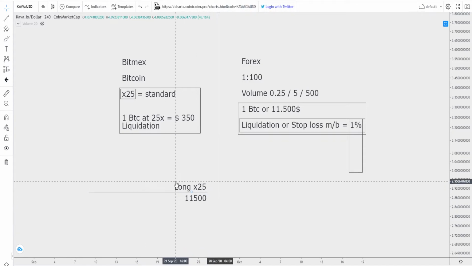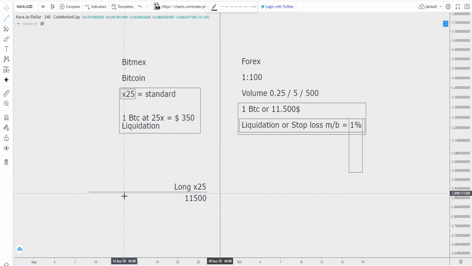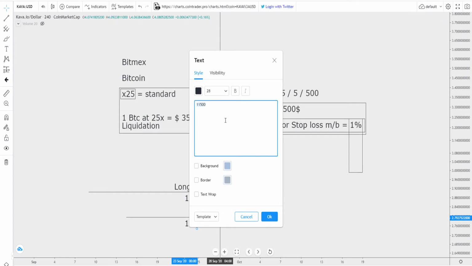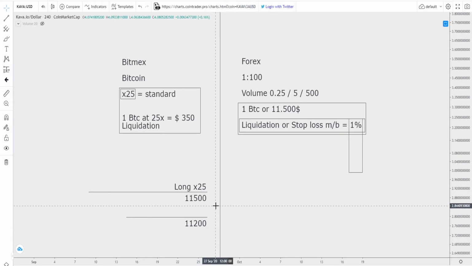By default, before you place your order, a pop-up will show on BitMEX telling you all the details about this trade. The pop-up will tell you that your liquidation range will be right here, which is going to be, for the sake of this example, 11,200 by default.